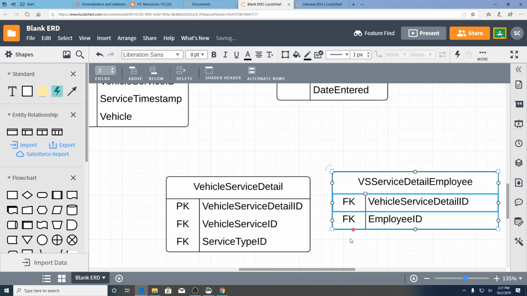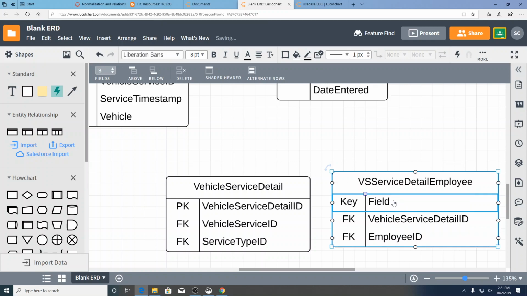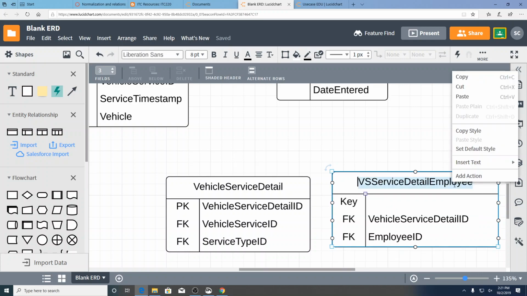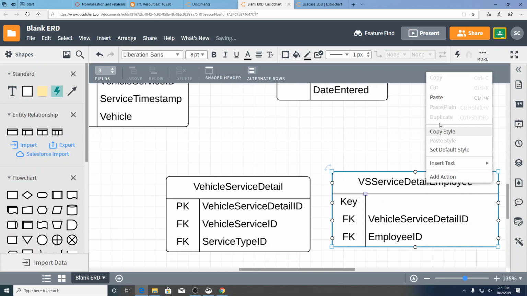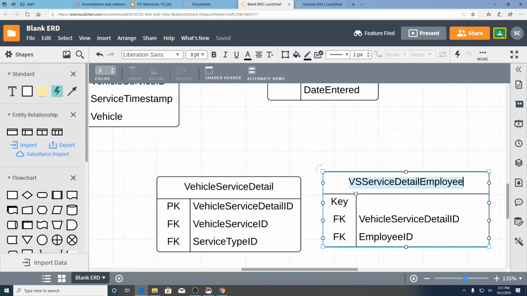So I probably should make a... I would want something named differently than this, but I'm going to... I just want to copy it. All right.